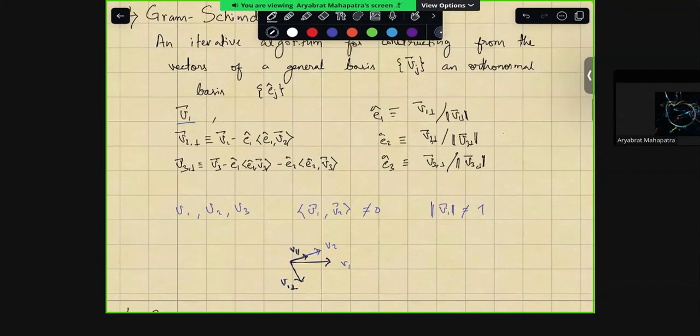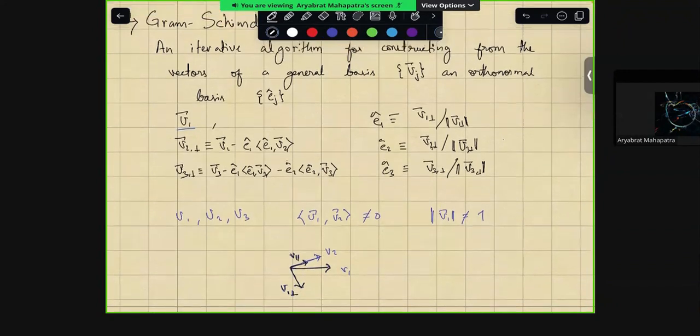Then you can subtract the parallel component of v1 from v2, and you will extract the orthogonal component of the vectors with respect to each other. Then v1 perpendicular and v2 will form an orthogonal set at first, and normalizing them individually will give you the normalization conditions fulfilled.